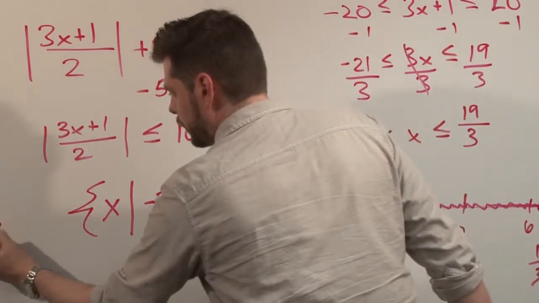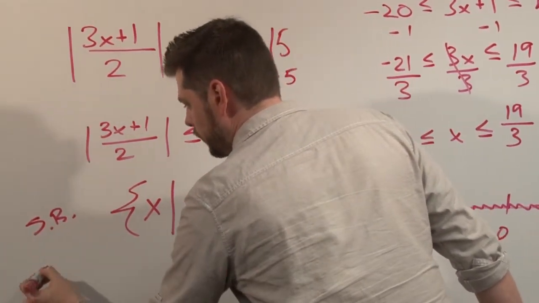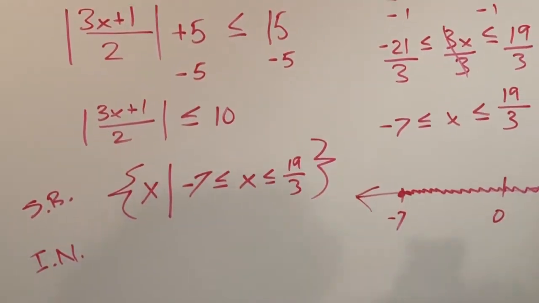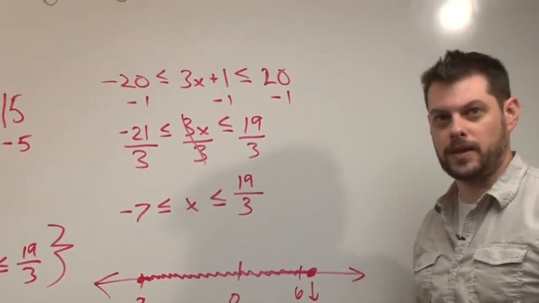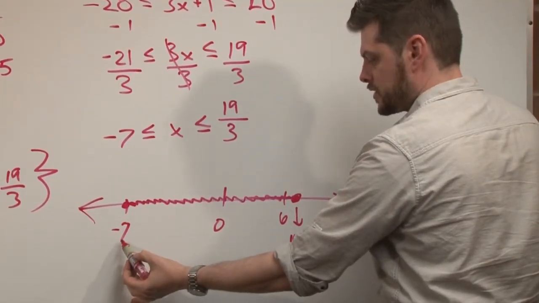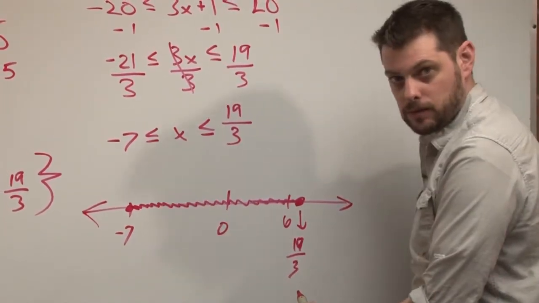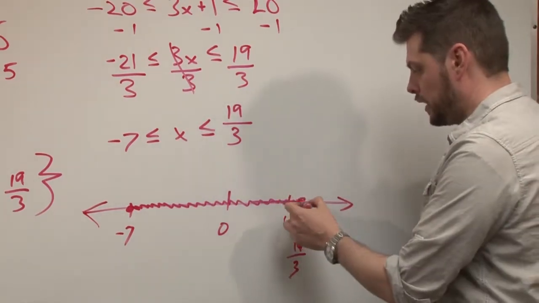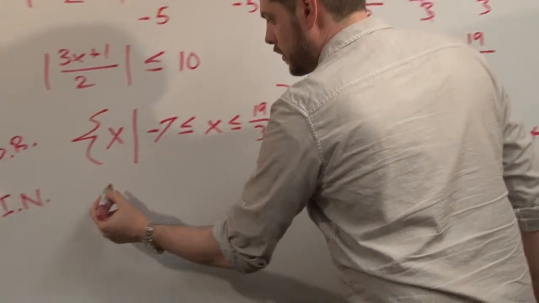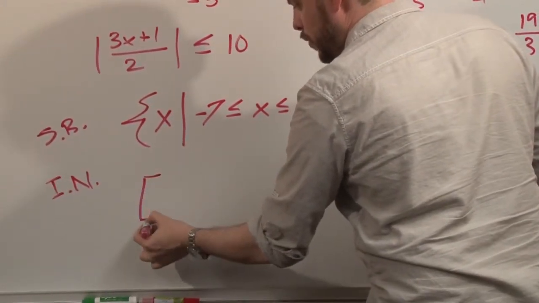So this is set builder, and then we also have interval notation. Interval notation is easy to see from the number line. Our interval goes from negative 7 all the way to 19 over 3. And we're including our boundaries of our interval. The way that we indicate that is by using square brackets.